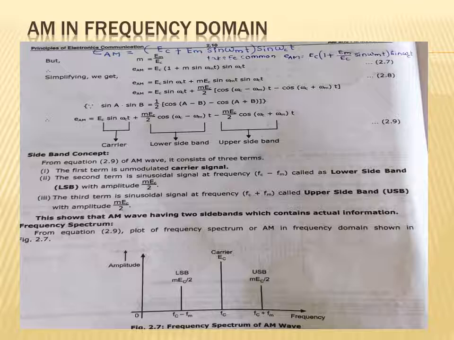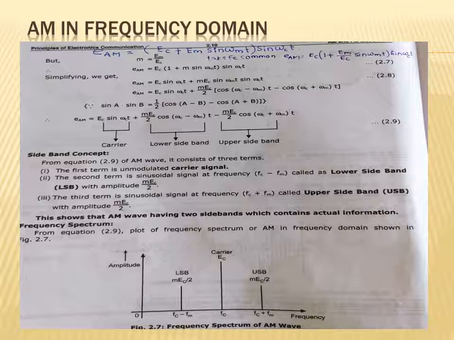The first term, 1 multiplied with EC into sine of omega CT, gives EC sine of omega CT. The next term, M sine of omega MT multiplied with EC into sine of omega CT, gives MEC sine of omega MT into sine of omega CT. So the equation is EC sine of omega CT plus MEC sine of omega MT into sine of omega CT.